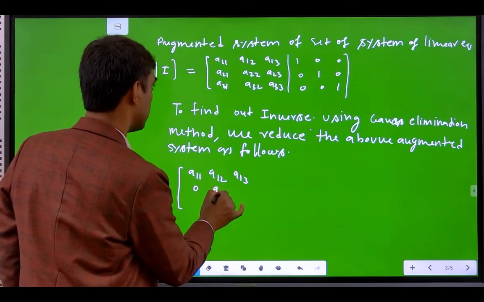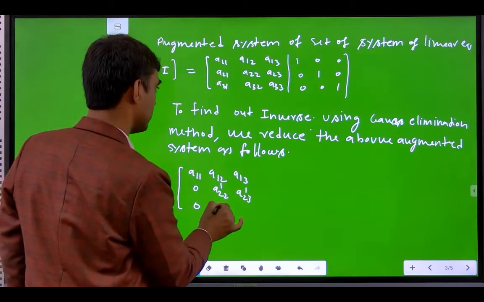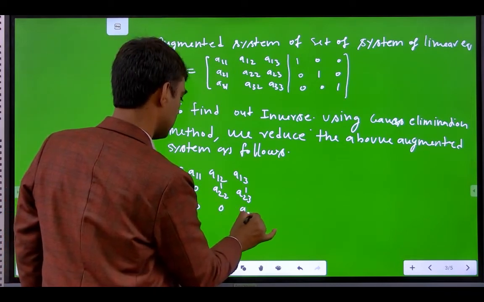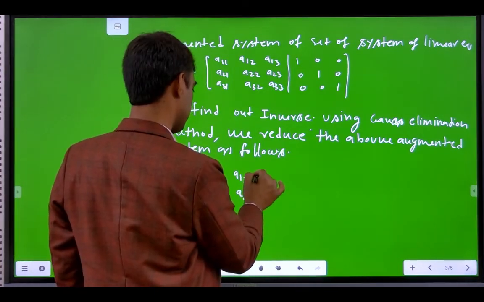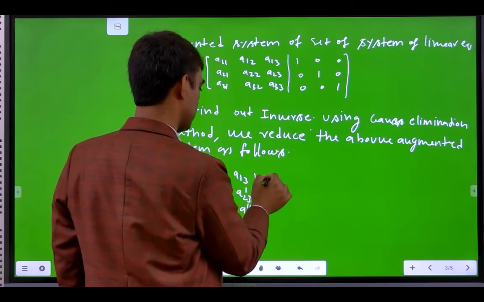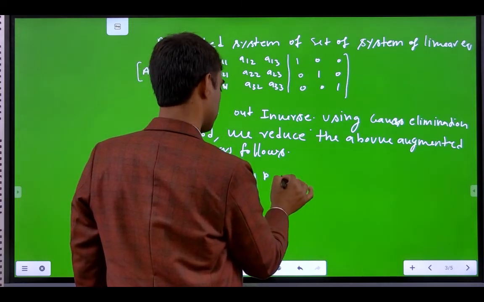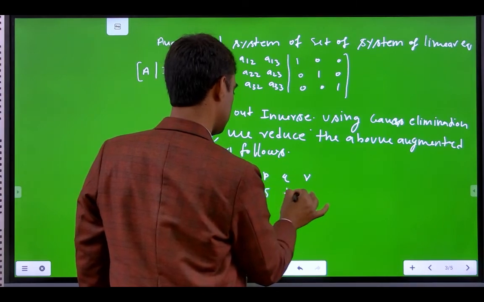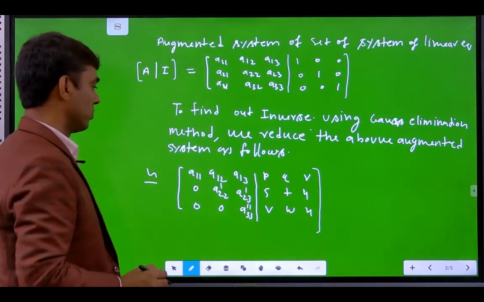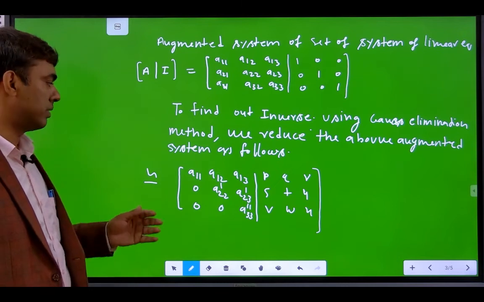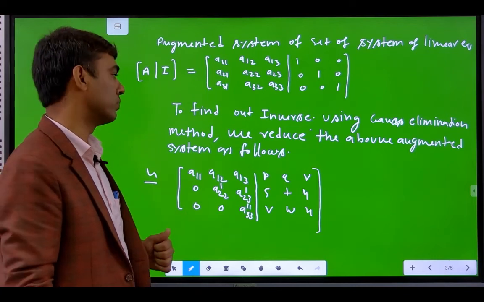There is a change once in A22 dash, A23 dash, and here a change twice in A33 double dash, and we also modify the values on the right side. Suppose we write the values P, Q, R, S, T, U, V, W, X. After converting this, we write the reduced system of linear equations, then we find the values of the unknowns.